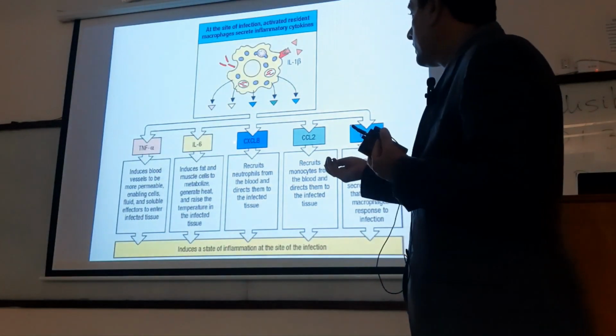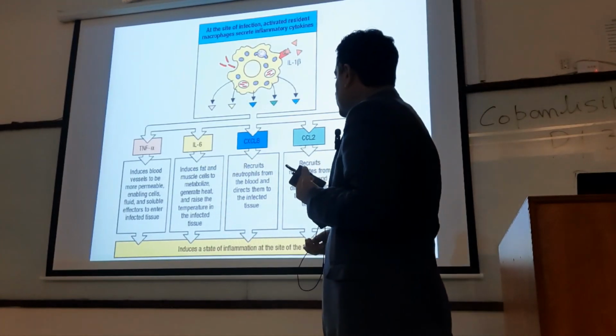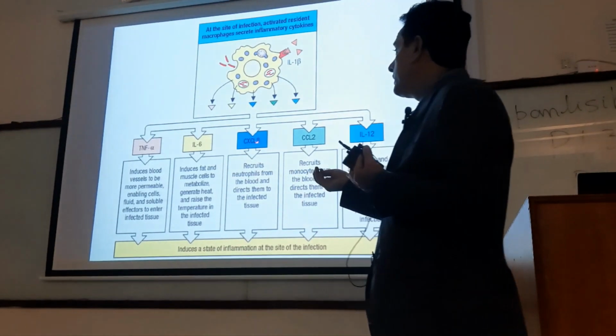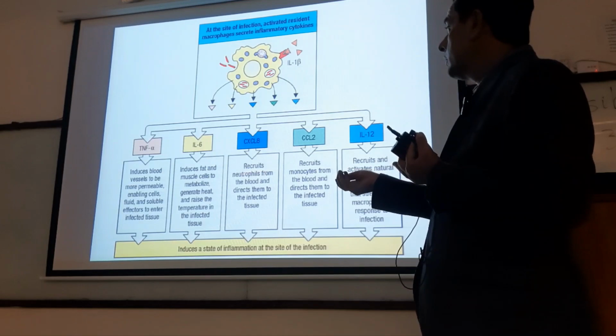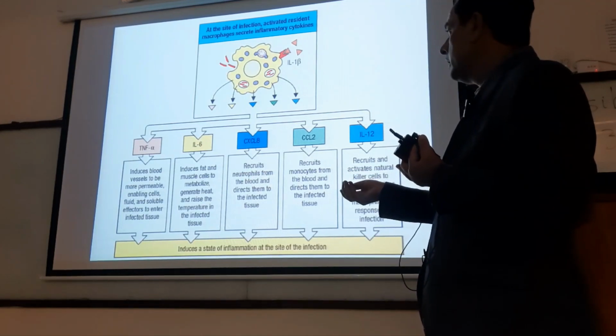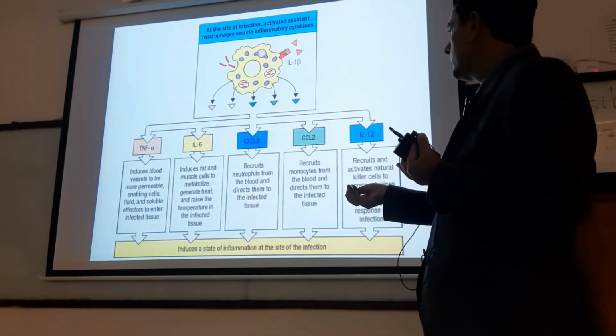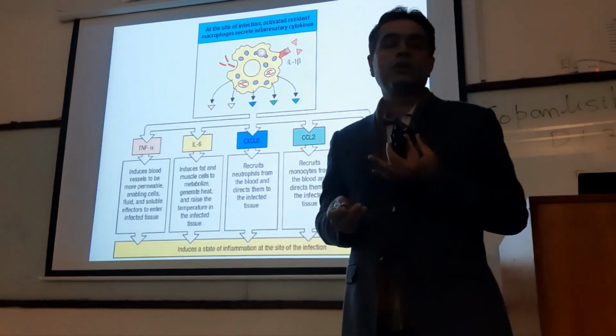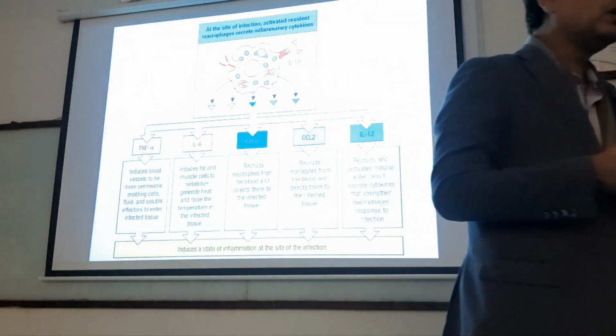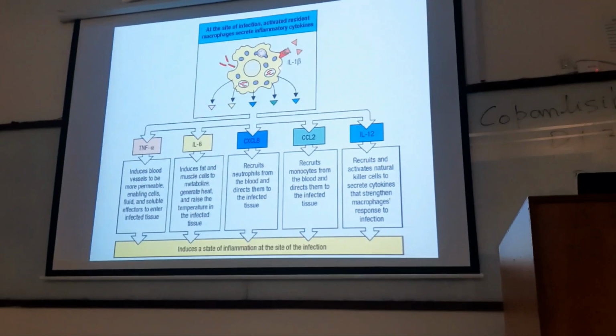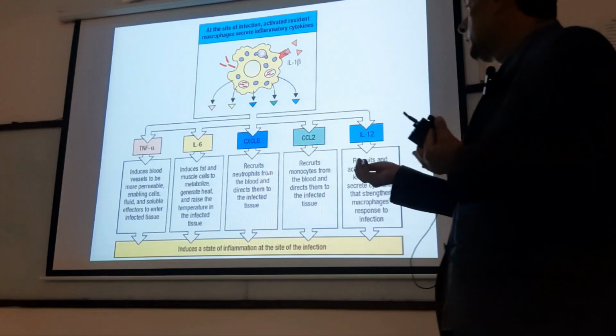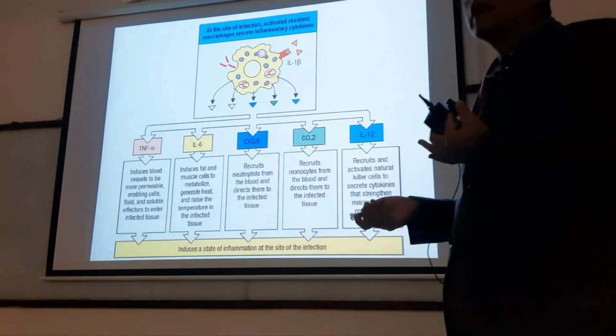And then there is this attractant or chemokine factor, CXCL8. It recruits neutrophils from the blood and directs them to the infected tissues. Who is going to invite the neutrophils? The macrophage is going to do that, with the help of a specific chemokine or chemoattractant cytokine, which is CXCL8.